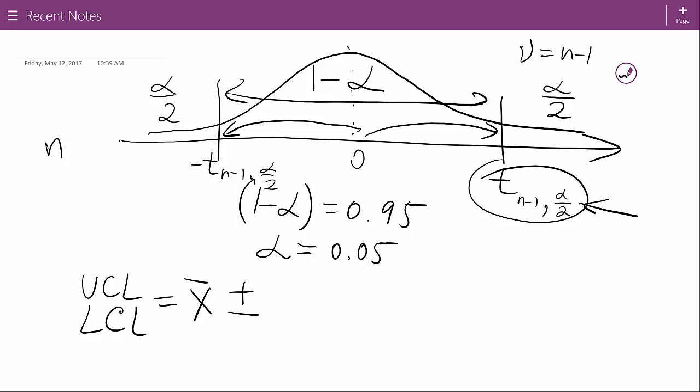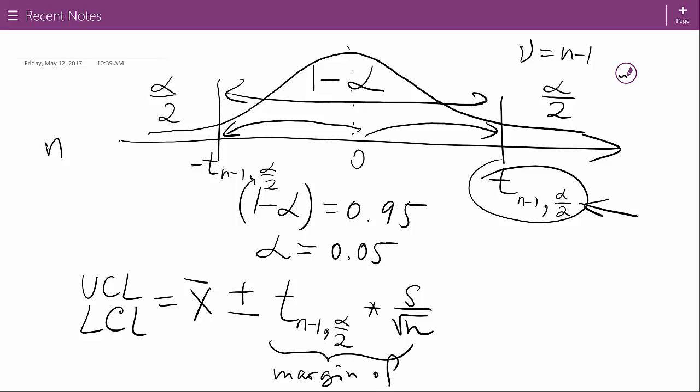Exactly that number: the t value with n minus 1 degrees of freedom which gives me alpha by 2 in the right tail, multiplied by the standard deviation, and that is it. And that part, as we discussed, the plus or minus certain value, is called the margin of error. That's how you compute the confidence interval, ladies and gentlemen.